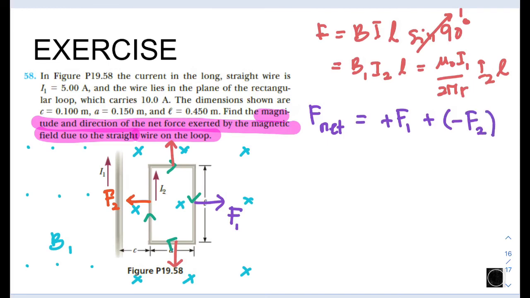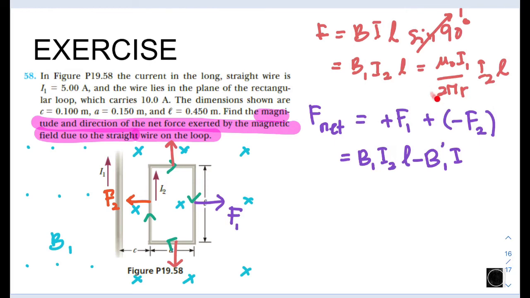Right, so what is F1? F1, by using this general equation, is B1 I2 L, plus negative already, B1 prime I2 L. This one is B1 prime because the position is not the same.